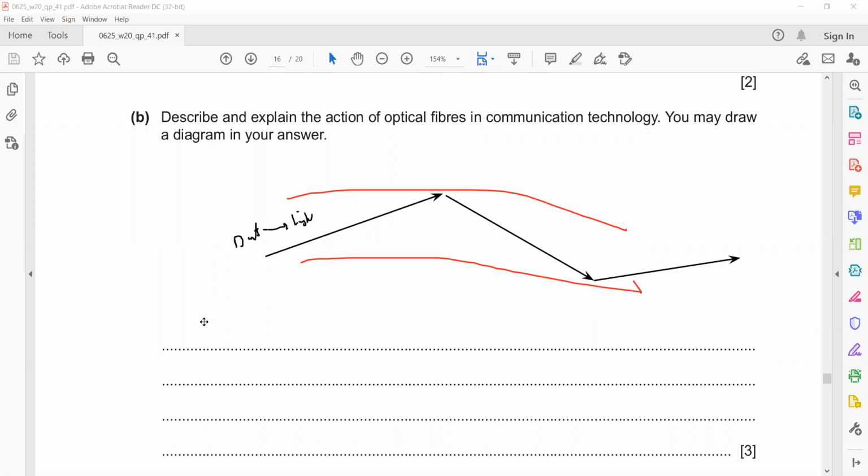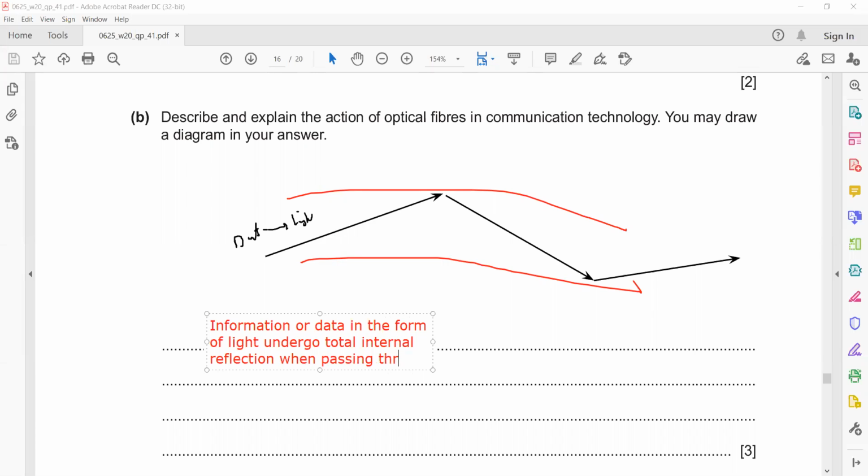So information or data in the form of light undergoes total internal reflection when passing through fiber optic or optical fiber.